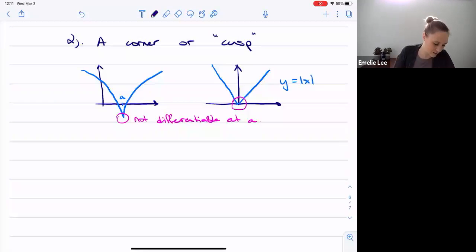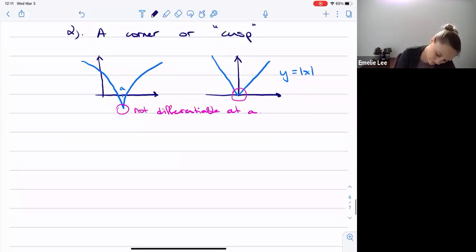And then three is if you have a vertical tangent line.